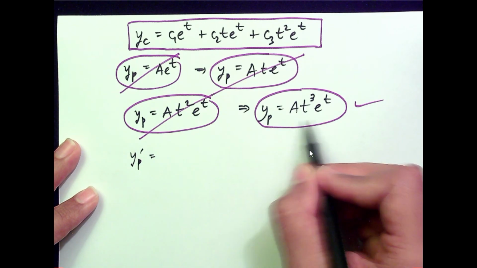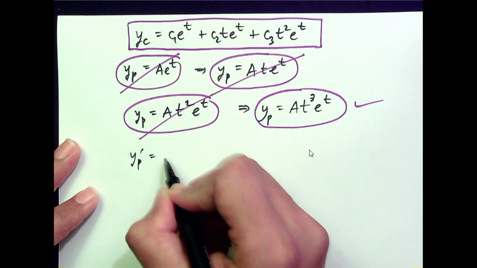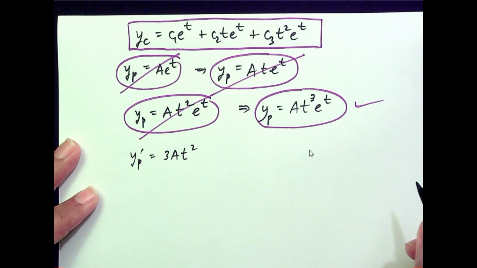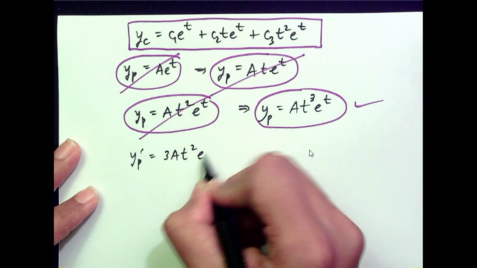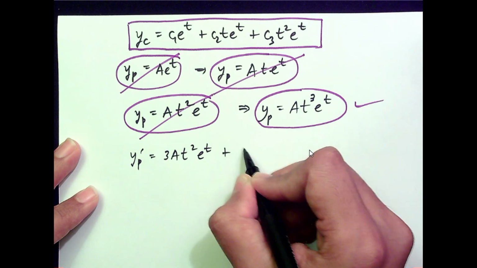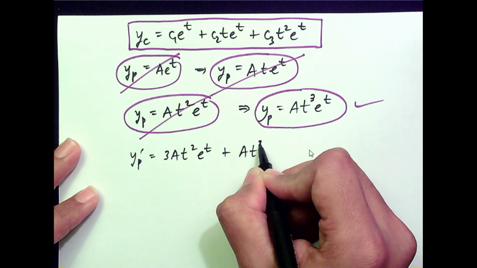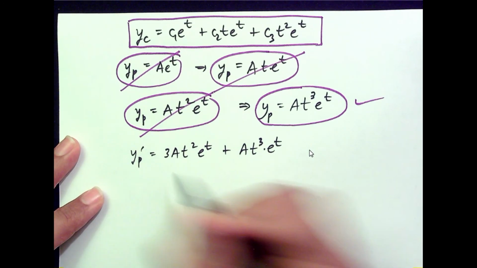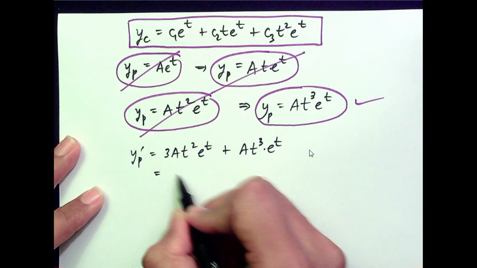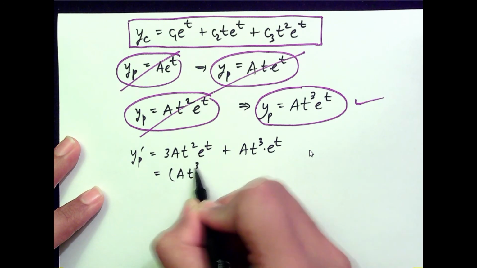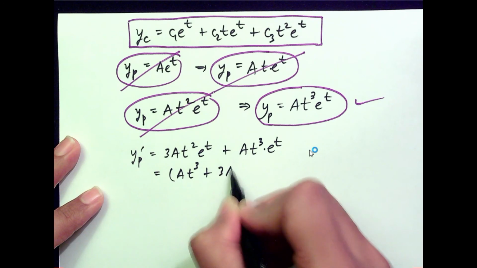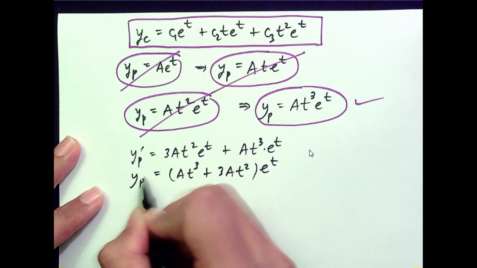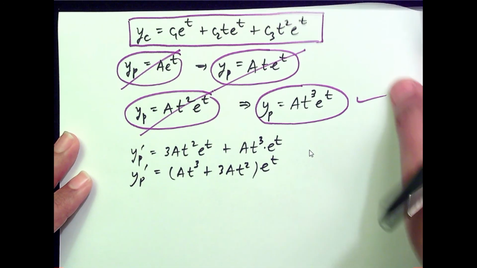The derivative of the first, so this is 3a t squared, times the second, plus the first times the derivative of the second. So then simplifying, this is a t cubed plus 3a t squared e to the t. Okay, so that is the first derivative.